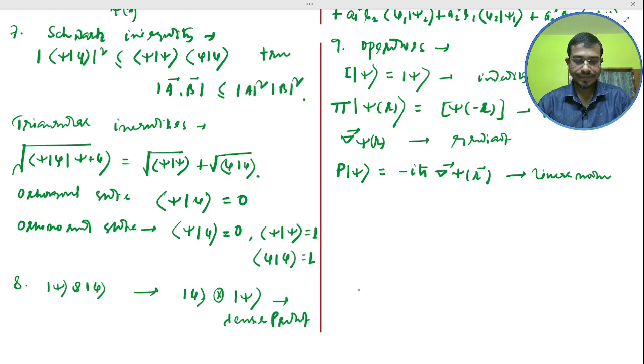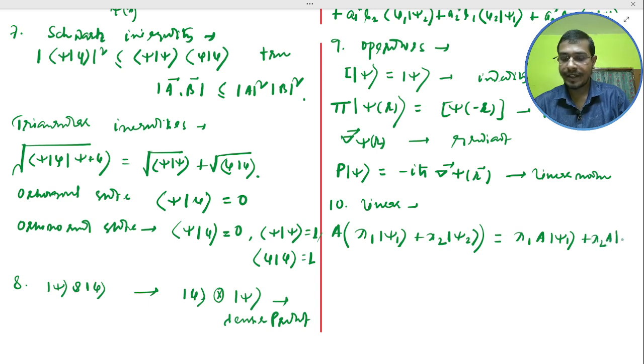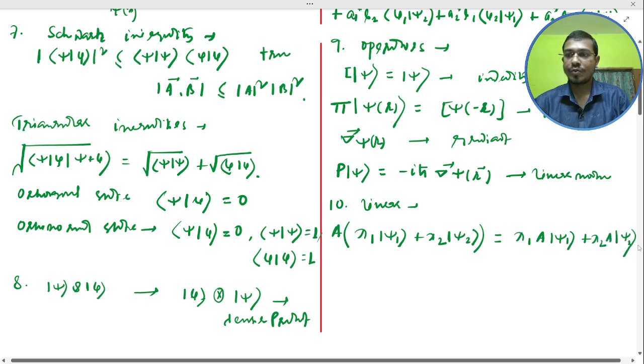Next, linear operator. Basically, A acting on lambda 1 psi 1 plus lambda 2 psi 2 will become lambda 1 A acting on psi 1 plus lambda 2 A acting on psi 2.